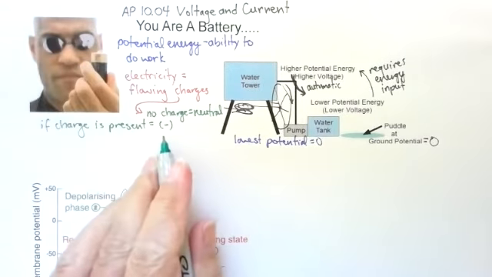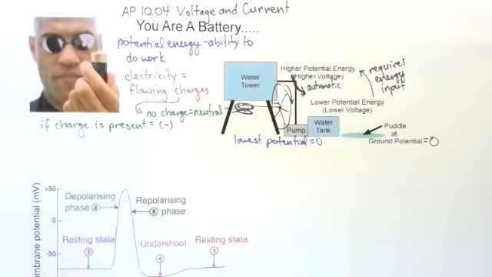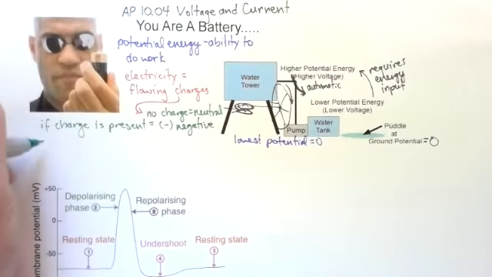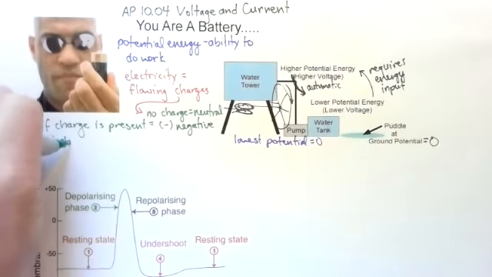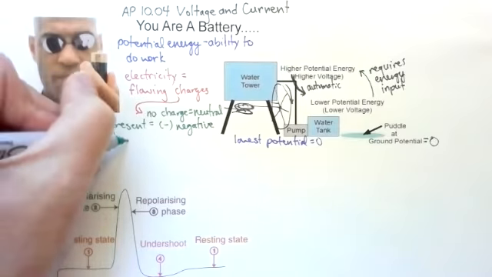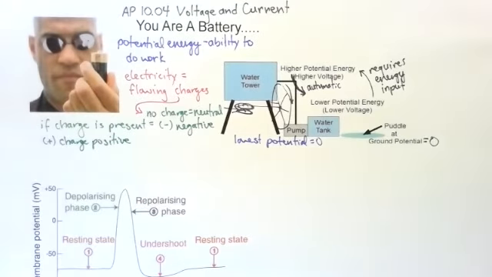And I always put this in parentheses so that you know that I'm not just doing a dash. Or you can have a positive charge. That's it. Two types, positive and negative.